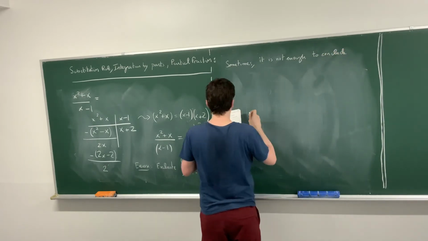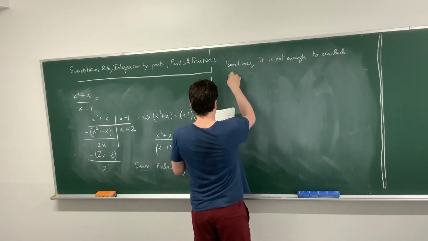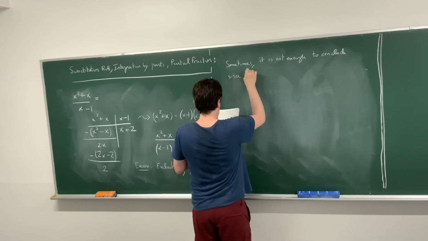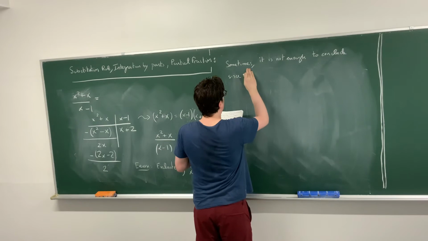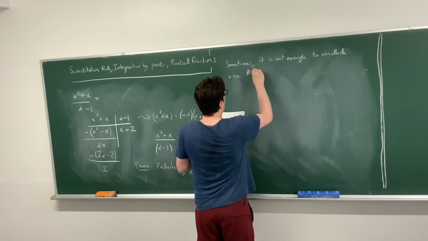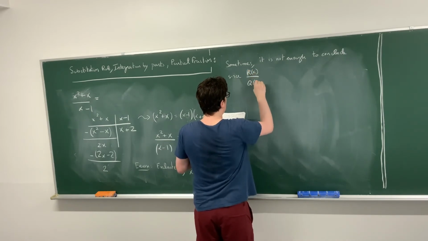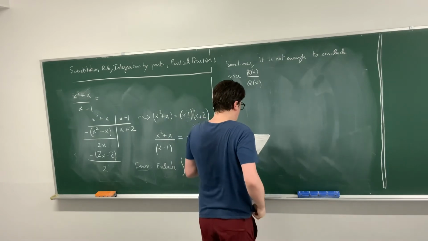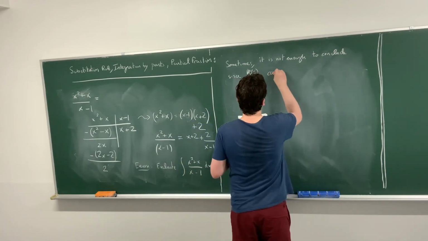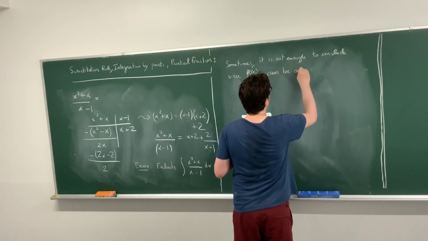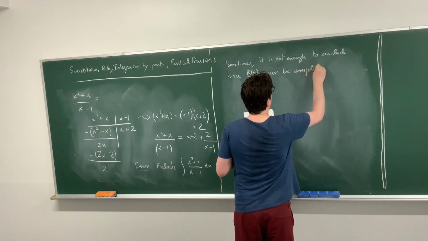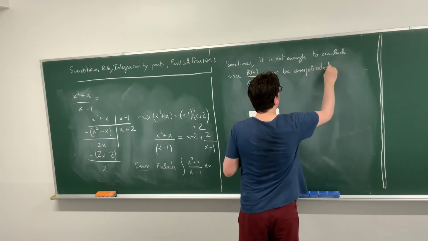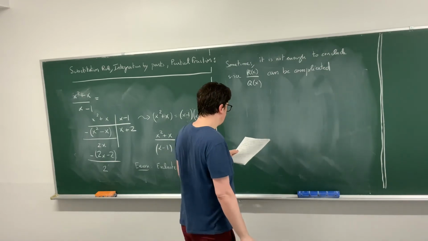Why is it not enough to conclude? Since you can have the case where r of x divided by q of x can be complicated.